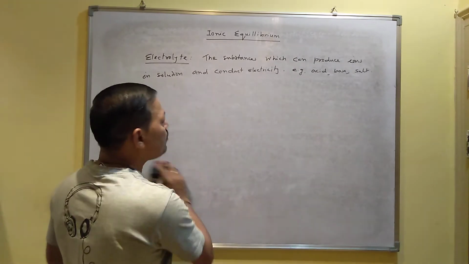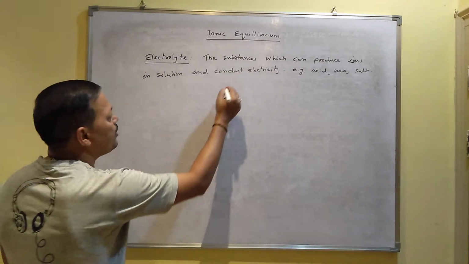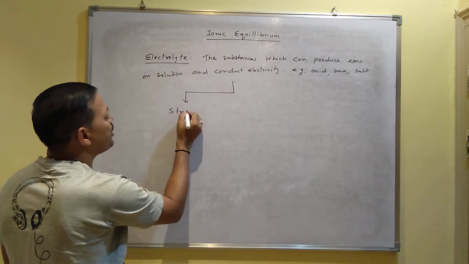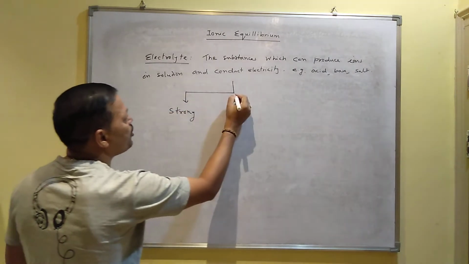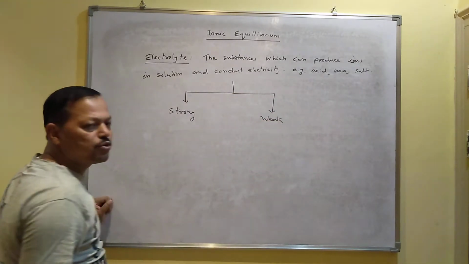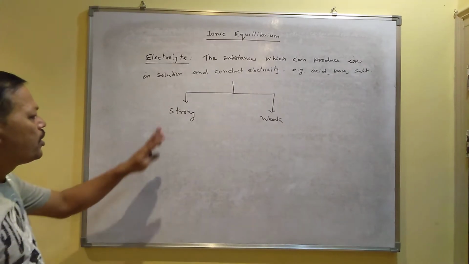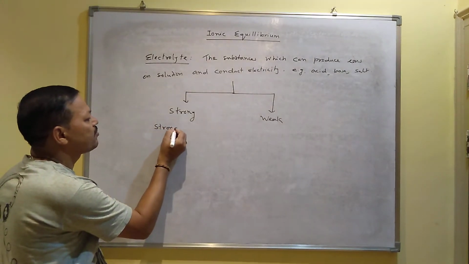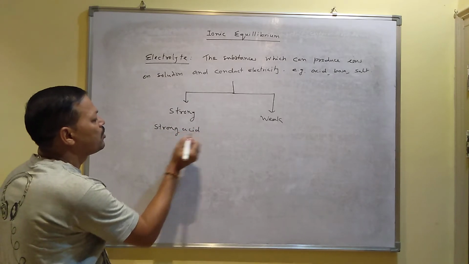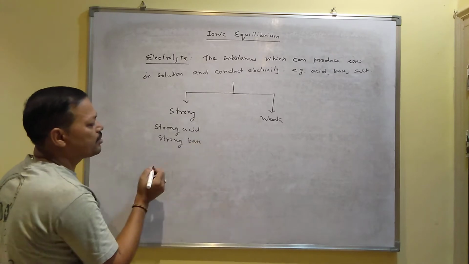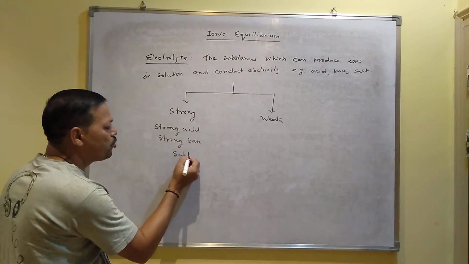Now there are two types of electrolyte. Some electrolytes are called strong electrolytes and some are called weak electrolytes. Strong electrolyte means strong acid, strong base, and some amount of salt.